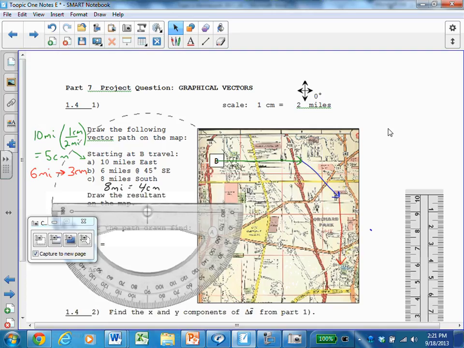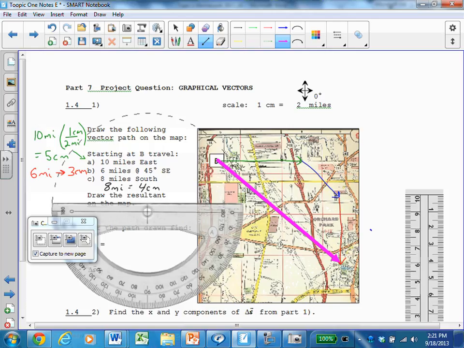All right, so now how would I draw in this resultant? All right, so I would start where? Start at B and go to the tip of the red. Okay, good. See that? The resultant is the displacement.